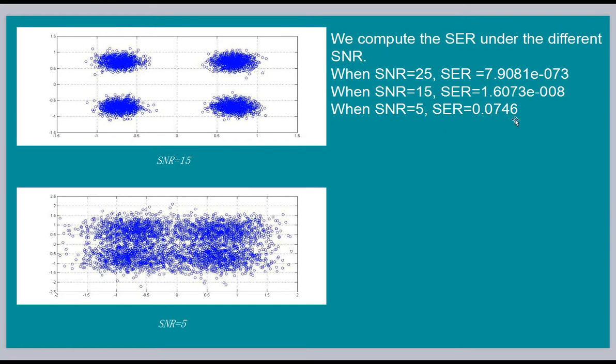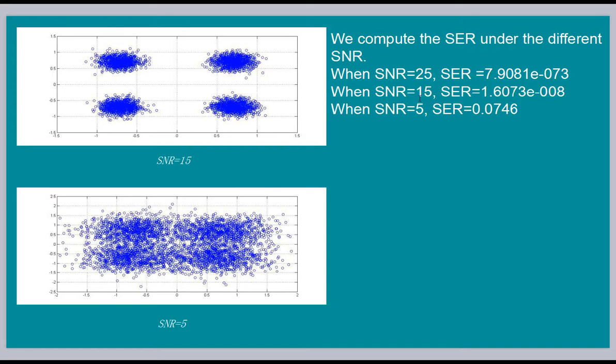So we compute SER under different SNR. When SNR equals 25, the SER equals 7.9 E negative 0.7.